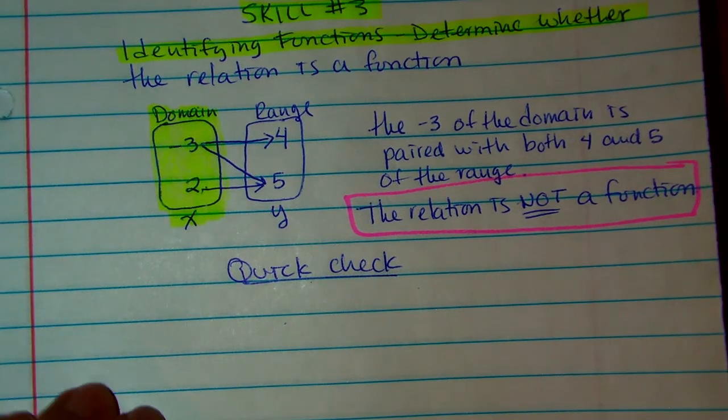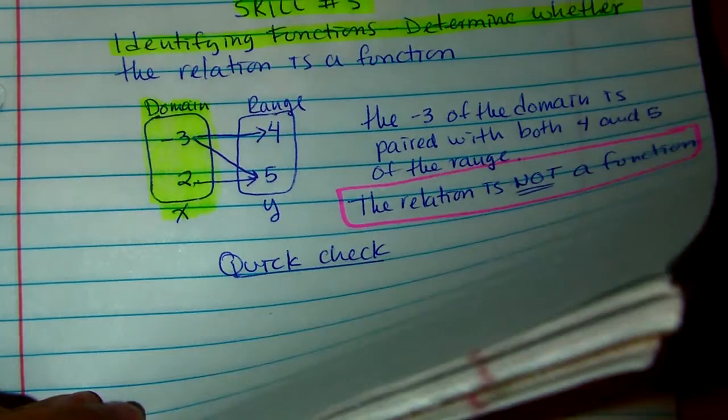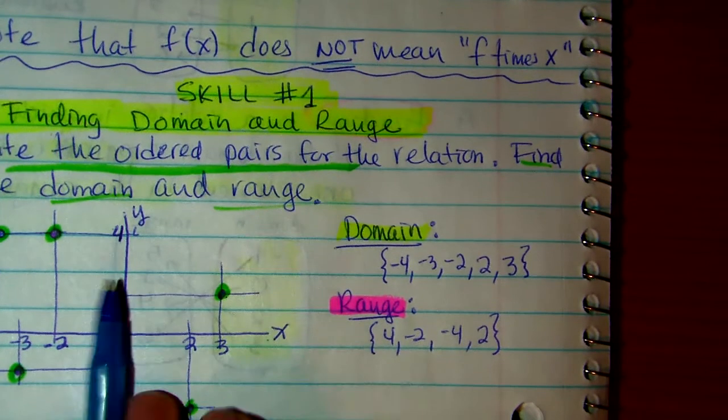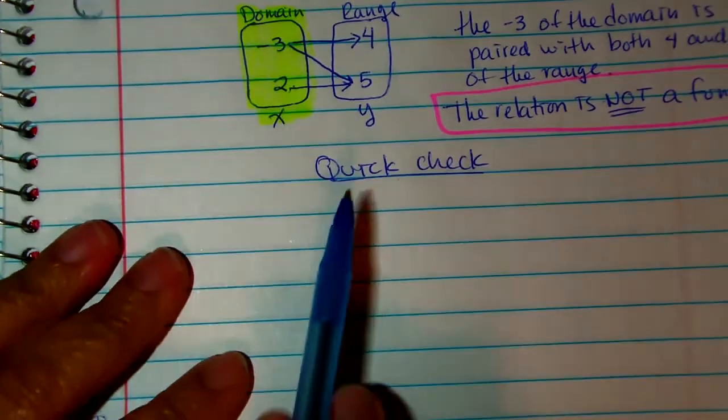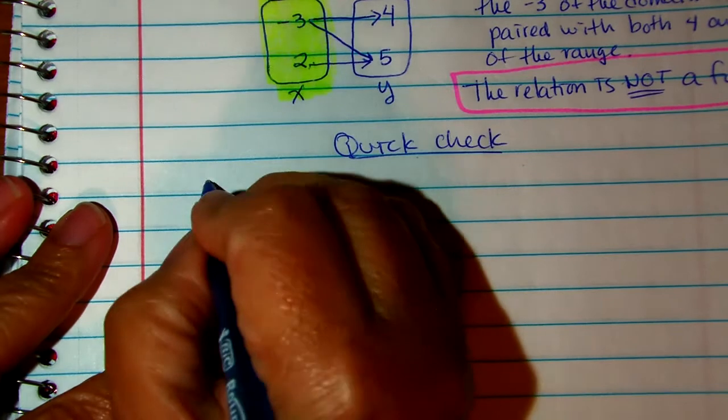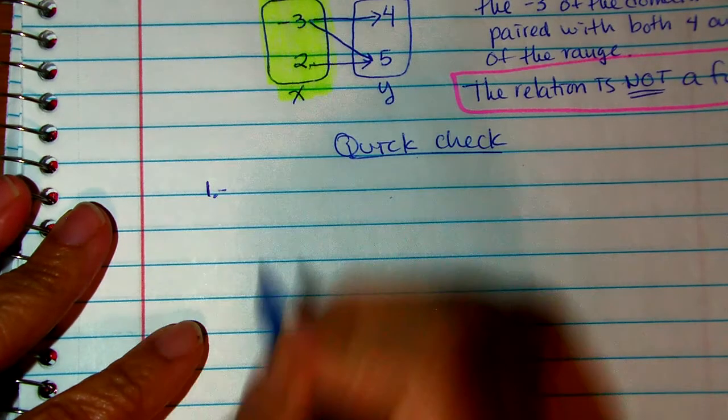So like I said yesterday in our notes, we went over skill number 1, identifying domain and range. And of course, today we're doing the mapping and identifying functions. So for a quick check, I'm going to do number 1 here.